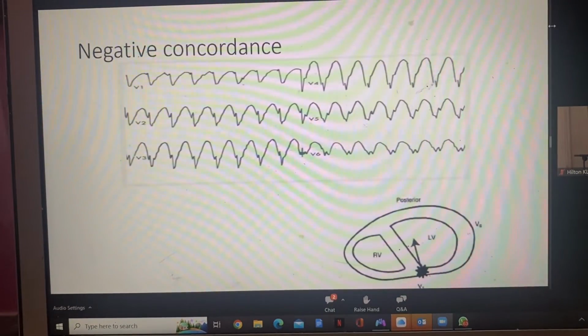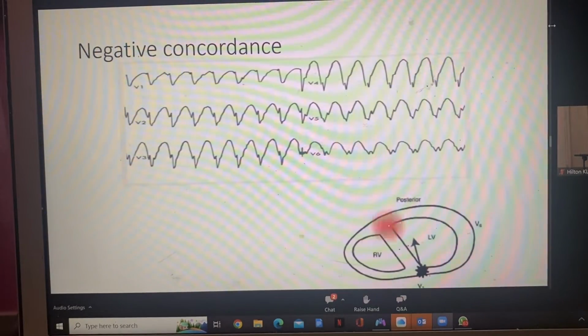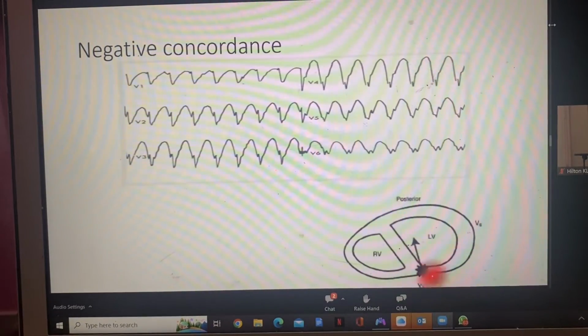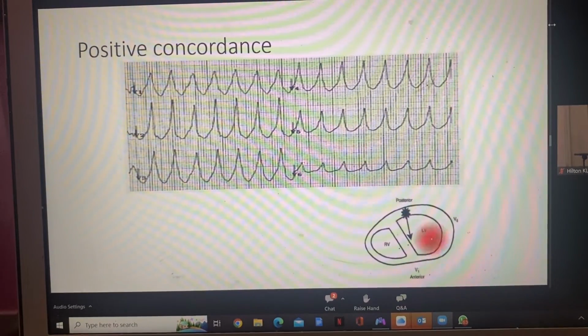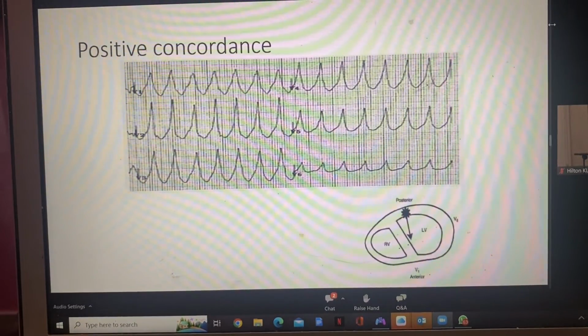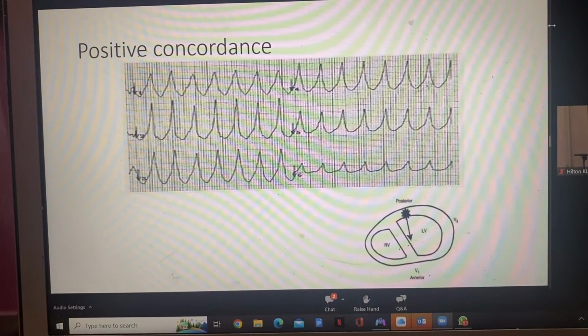So this is negative concordance. As you can see, the focus is likely from anterior moving towards posterior. And if the focus is at the posterior moving towards anterior, you will have positive concordance. So V1 to V6 all will be upright.